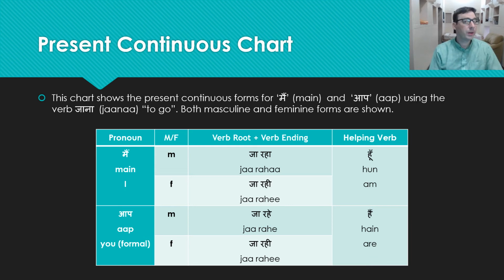And speaking to a female using aap, it's also aap ja rahi hain. So no change there with the verb. But speaking to a male, it's different than the masculine singular main ja raha hoon. It's aap ja rahe hain. And that's because the e is the masculine plural ending and aap is a plural pronoun. So keep that in mind.